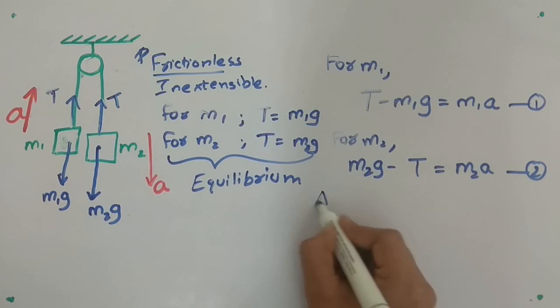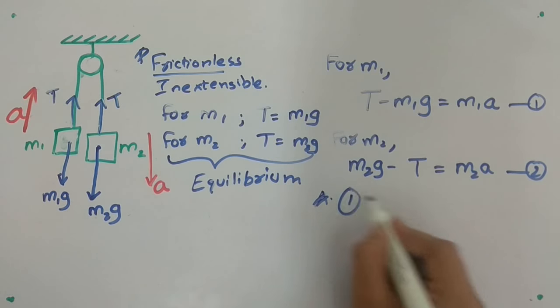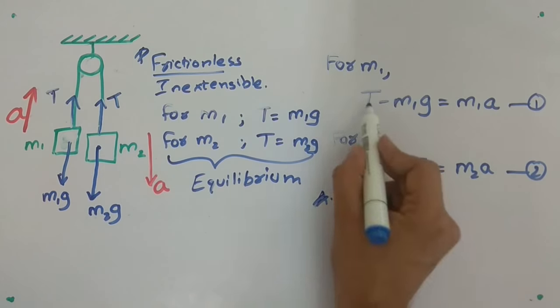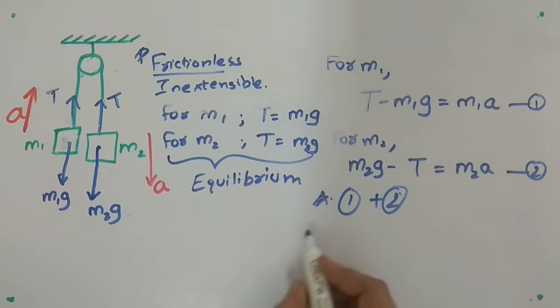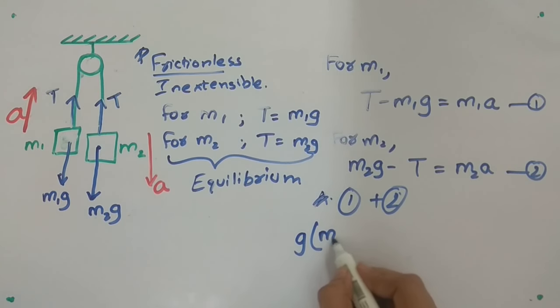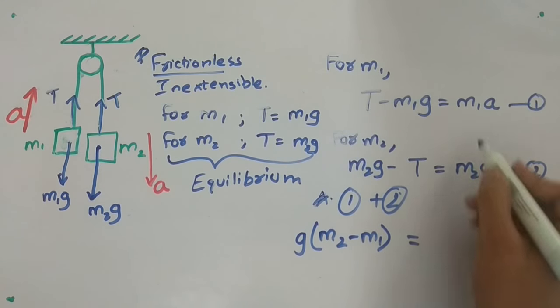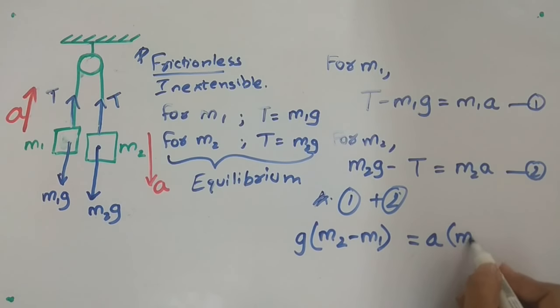Add 1 and 2. So equation 1 plus equation 2, T minus T cancelled. Here g common. So here it's m2 minus m1 into g equal to, here acceleration common, m1 plus m2.